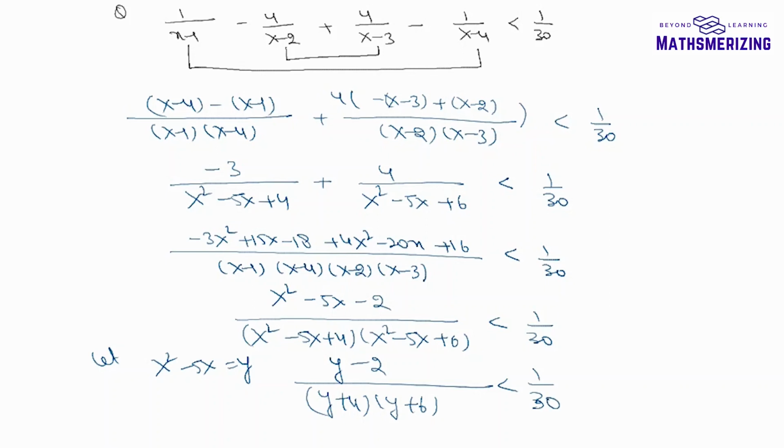So now solve this polynomial inequality in y and then finally get the answer in x. Now I can write it as 30y minus 60 minus (y square plus 10y plus 24) upon 30(y plus 4)(y plus 6) less than 0.